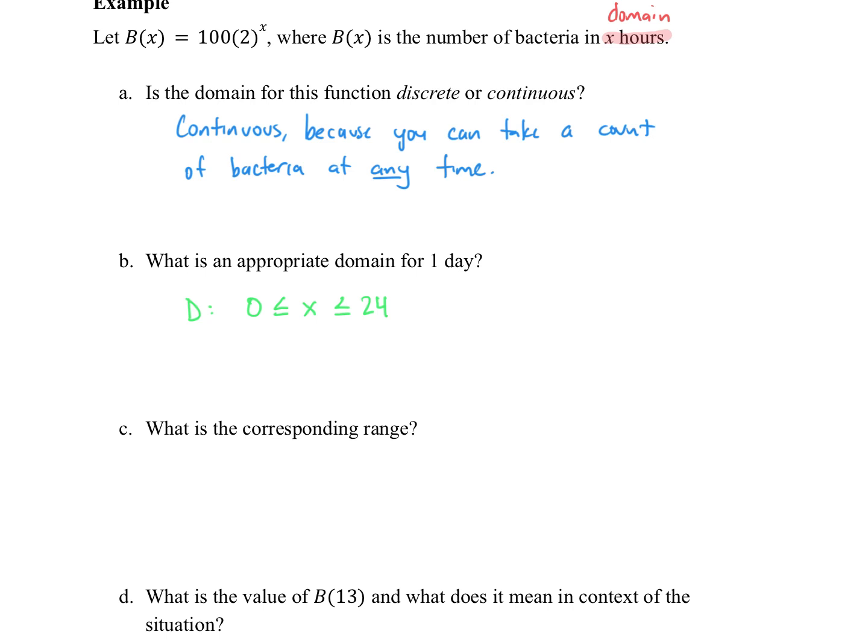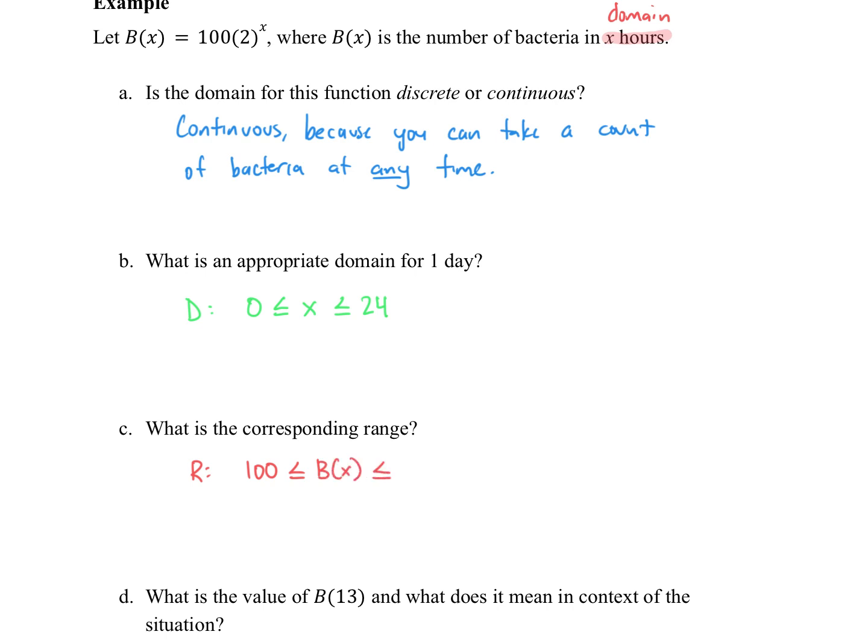What is the corresponding range? Okay, well, we need to know the outputs, the lowest amount of output and the highest output. Well, at 0 hours, the output is actually 100. So that's our lowest. And that goes to, our output is b of x, not f of x. Our output is b of x.